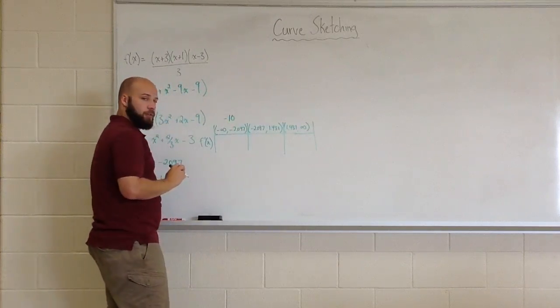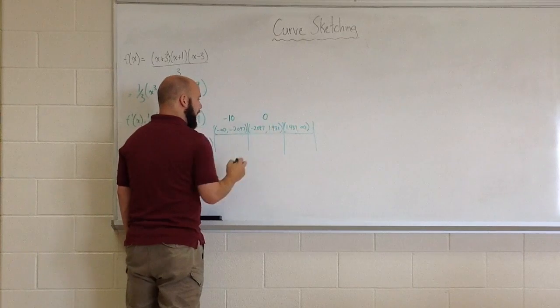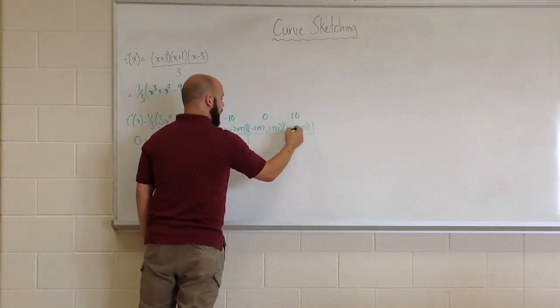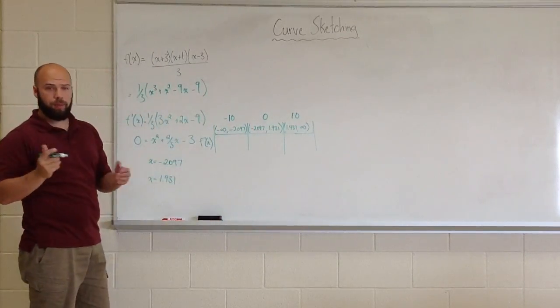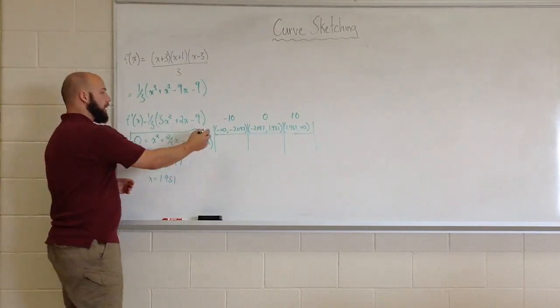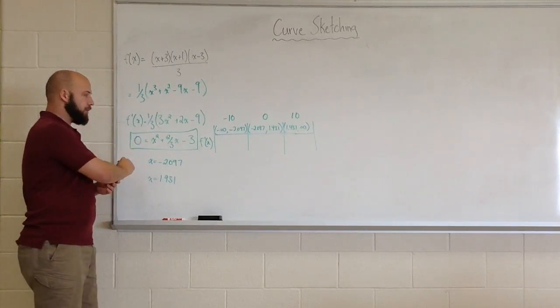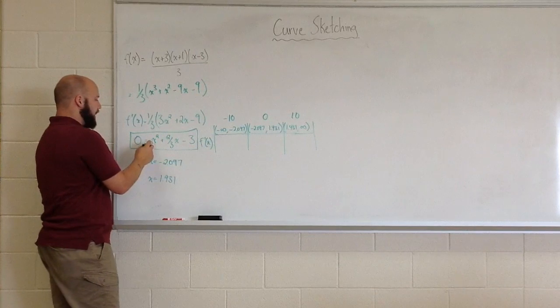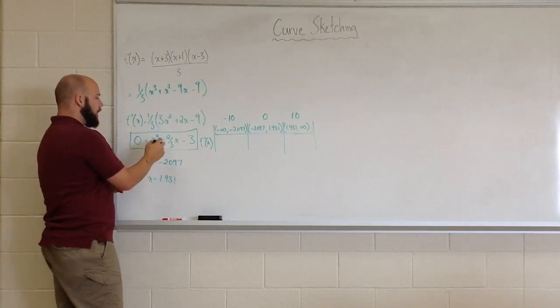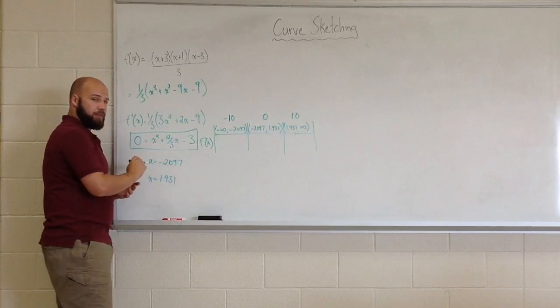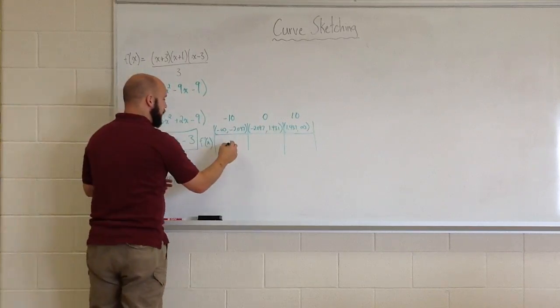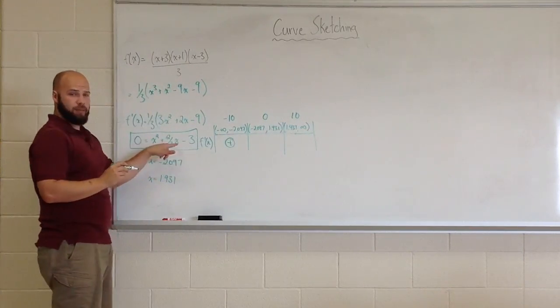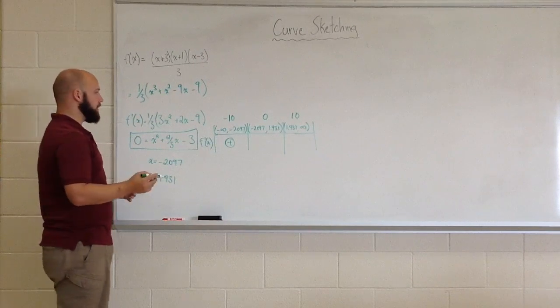Between this interval, always choose 0 if you can, and then I'll just do 10 again here, because you'll see how this really helps. So we're going to plug negative 10 into f prime of x, and we're going to have negative 10 squared, so 100, minus this value minus another value. You can see that a really large positive number minus smaller numbers is going to stay positive.